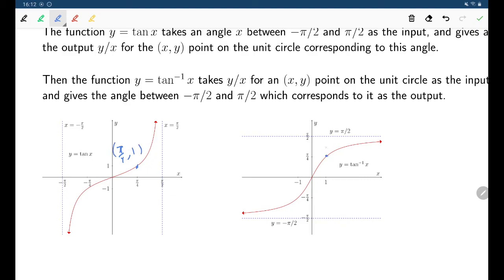You would also have the point 1, pi over 4 on the graph of tangent inverse. And since tangent has vertical asymptotes, x equals pi over 2 and negative pi over 2, that means tangent inverse has horizontal asymptotes, y equals pi over 2 and negative pi over 2.